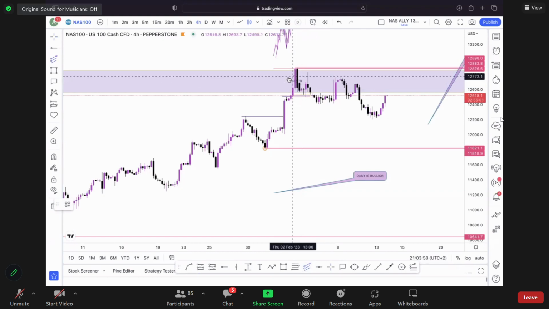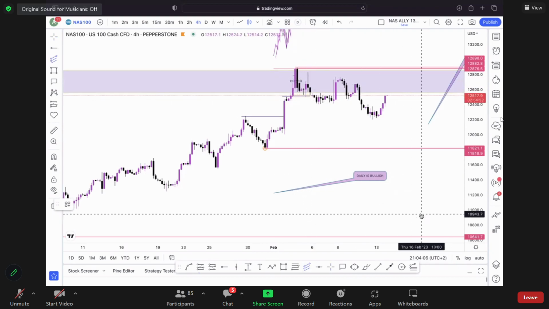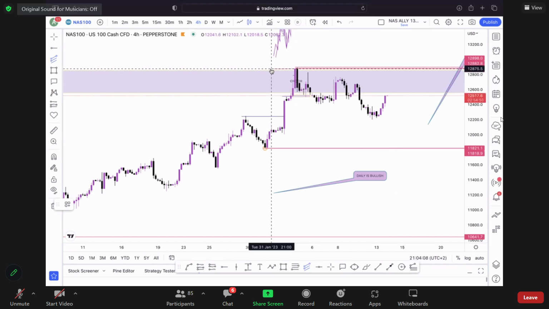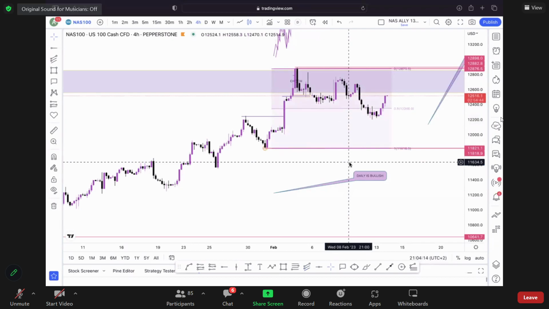So even if you didn't catch that sell, you don't have to worry about how you would have caught that sell, because this is how you catch a sniper move before you catch a swing trade. But for now, just understand the structure. We understand that our 4-hour structure is still bullish.